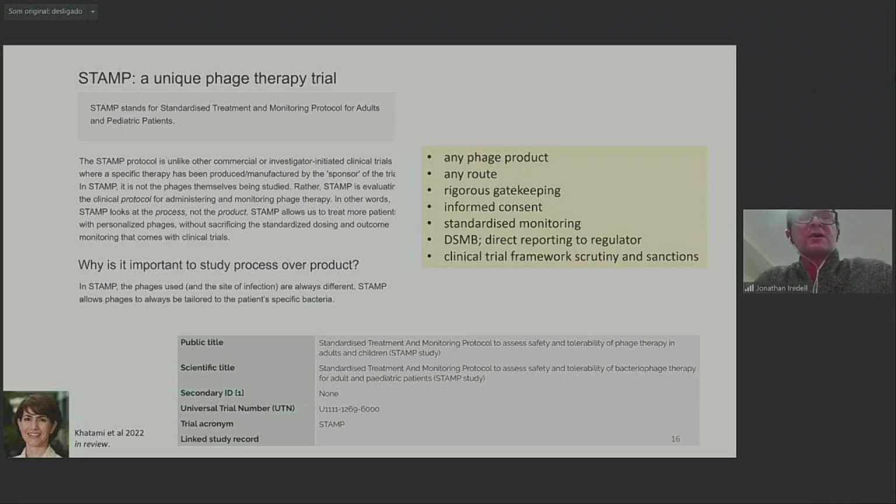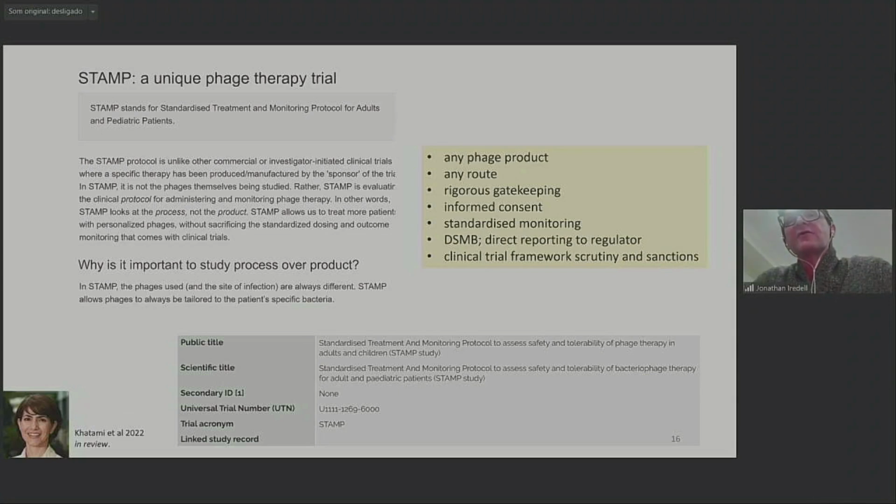The drug committee of your hospital will make sure that product is safe to give to the patient. And our therapeutic regulator will give us permission. But what we lacked was a protocol. So we set out a routine protocol, which everybody agreed on, that requires rigorous gatekeeping. So you have to see an infectious diseases specialist before you can enter the trial, and they must verify that all current therapy is optimised.